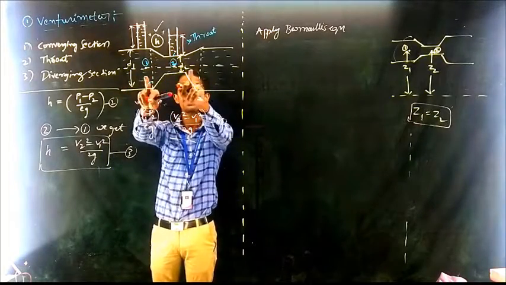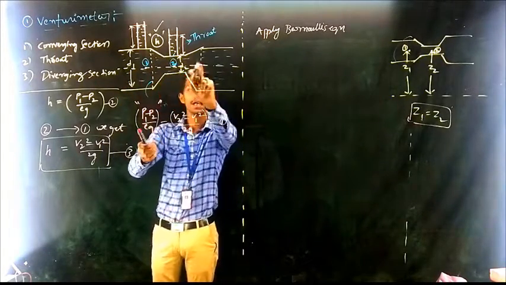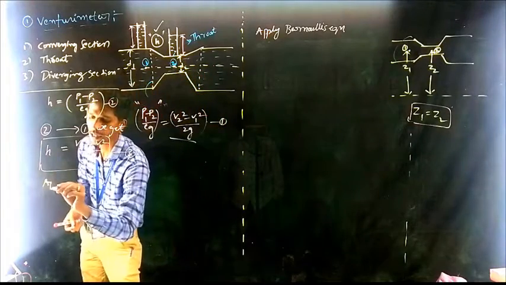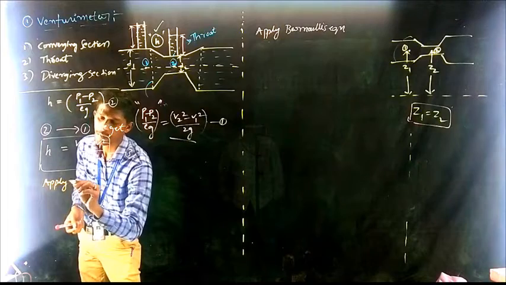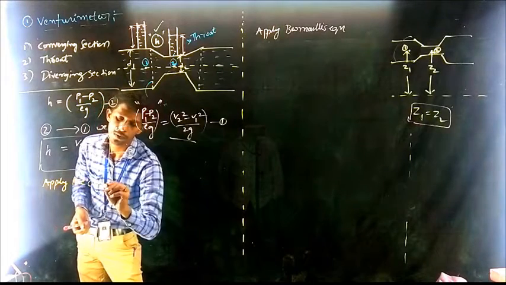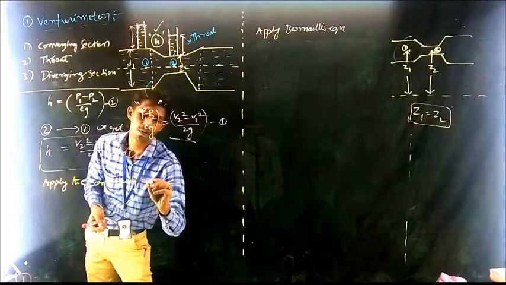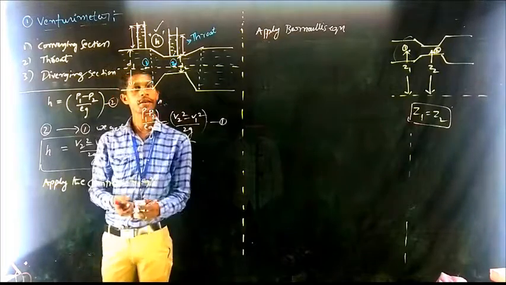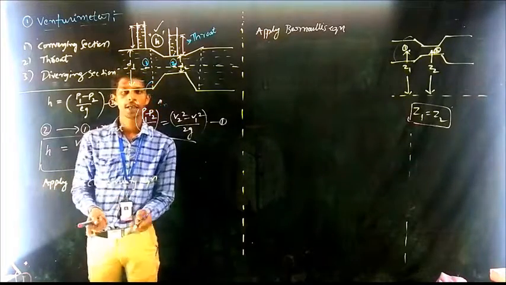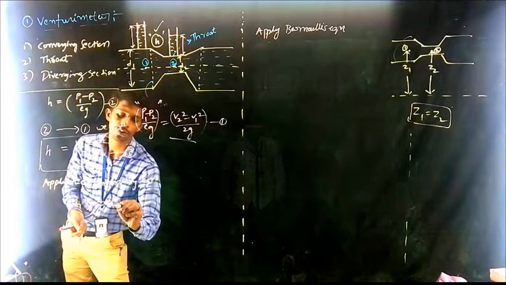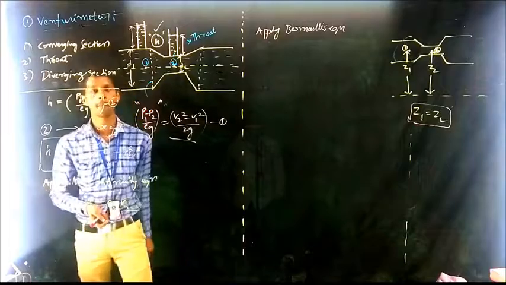Now, along this pipe section, apply the continuity equation. What is the continuity equation here? A1 V1 is equal to A2 V2.